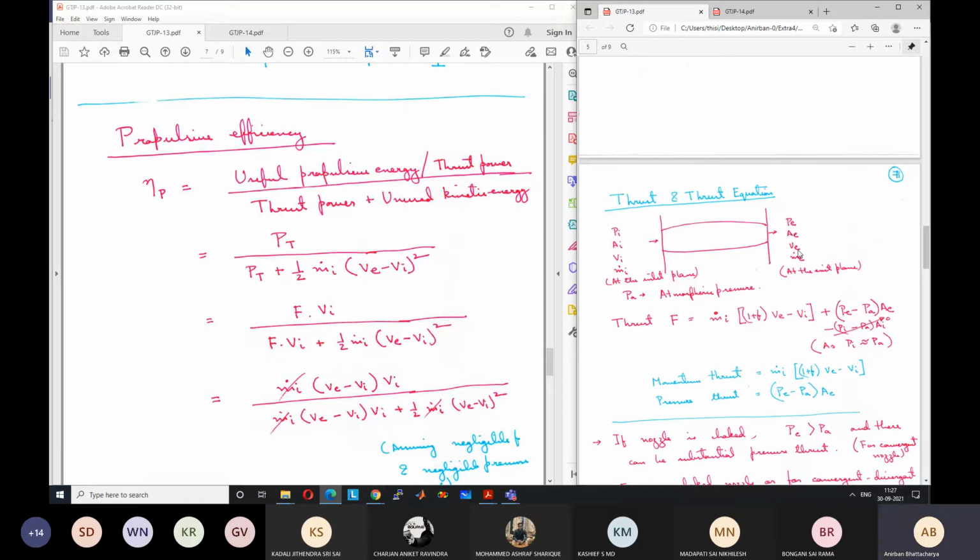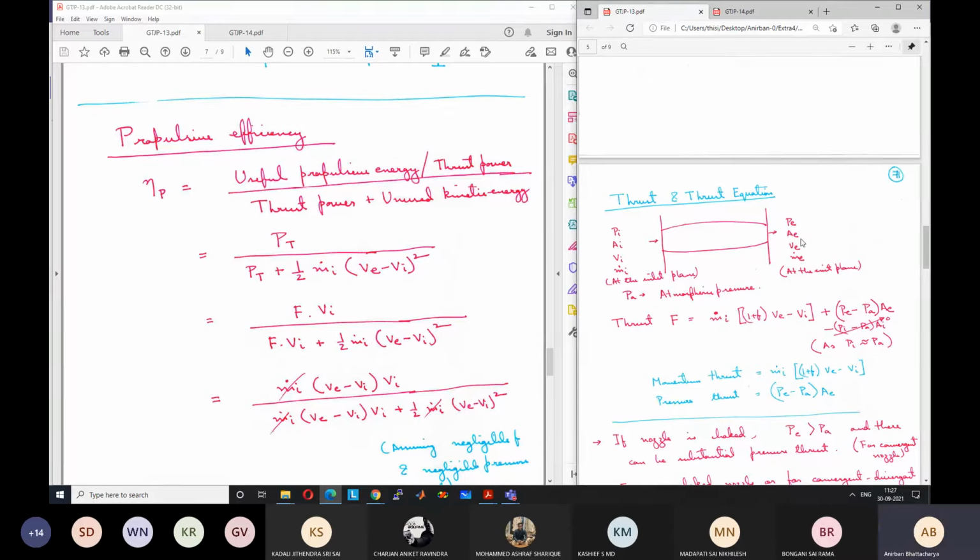To me, the exhaust gases will be going out at a velocity of v minus vi. Although relative to the engine, the exhaust gases go out at v velocity, because the engine itself is moving forward with vi velocity, for a stationary observer, the exhaust gas goes out with velocity v minus vi.